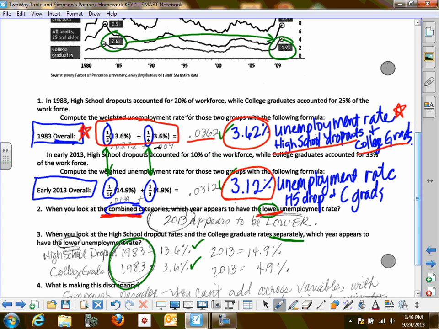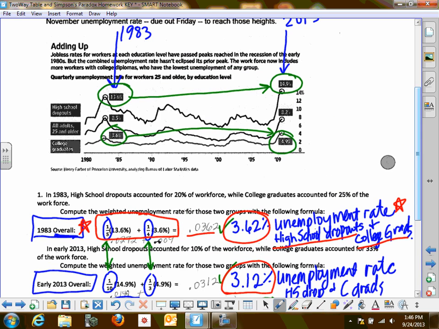2013. Very good. So guess what? Politicians are definitely showing you this data here. They want to say, hey, you think that the recession is bad now, but guess what? It's okay. It's all good. We fixed it a lot faster and better than they did in 1983, because the unemployment rate in 1983 during that recession, of which the Republicans were dealing with, was a higher unemployment rate for those two groups.